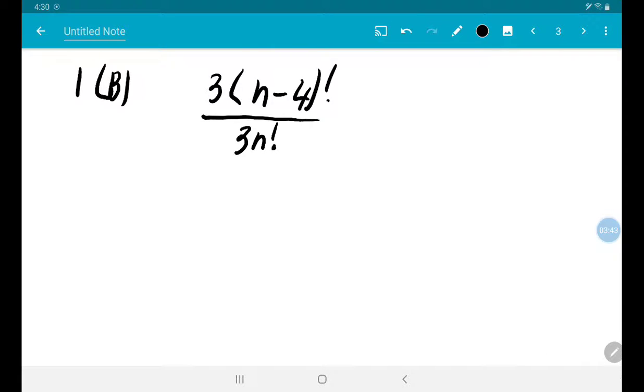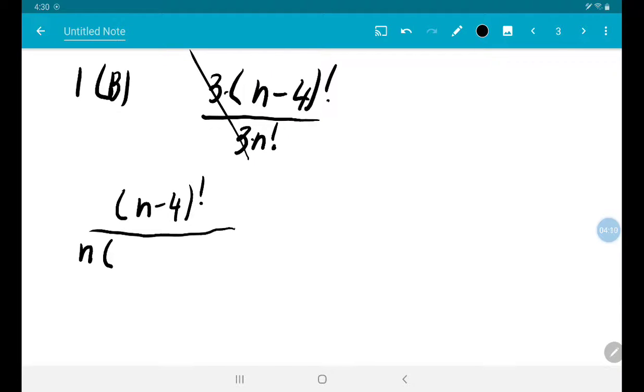Part B, same deal. First thing I see is I'm multiplying by 3 in both cases. They're toast. Next thing I see is that I have an n factorial and an n minus 4 factorial. Leave the smaller one, and then take the bottom one, which is actually bigger. n is bigger than n minus 4, so that would be n, and then I go down by 1.